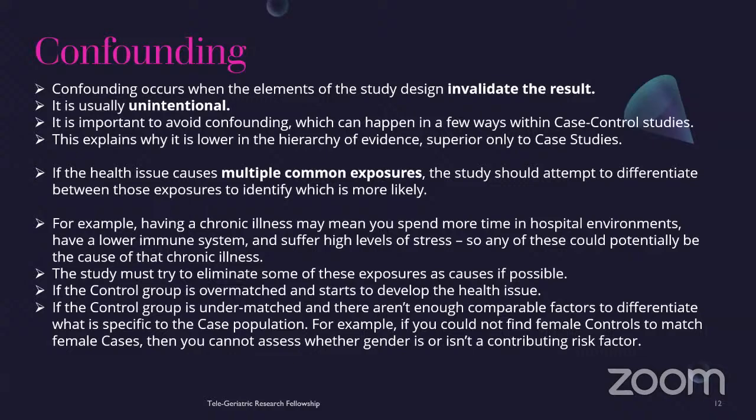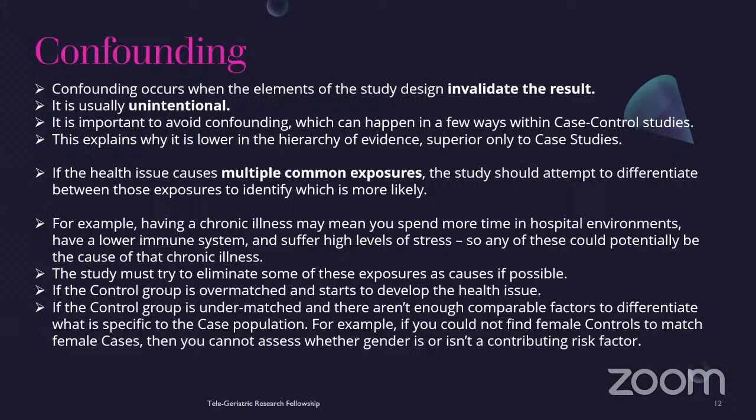This explains why it is lower in the hierarchy of the evidence, but it is superior only to the case studies. If the health issue causes multiple common exposures, the study should attempt to differentiate between those exposures to identify which one is more likely to have caused this.